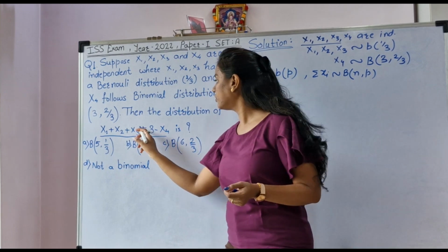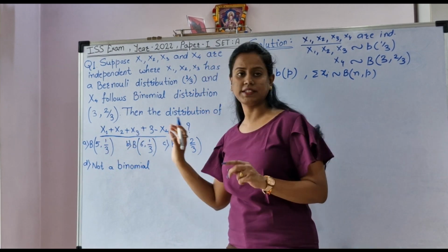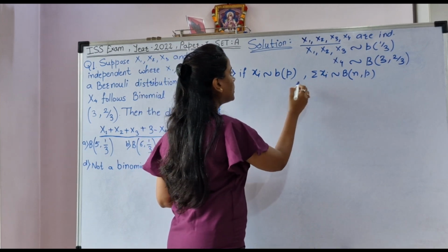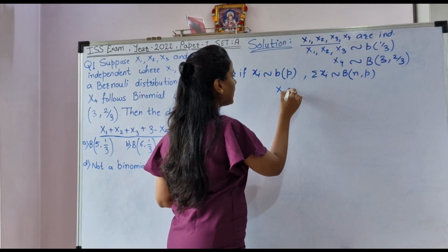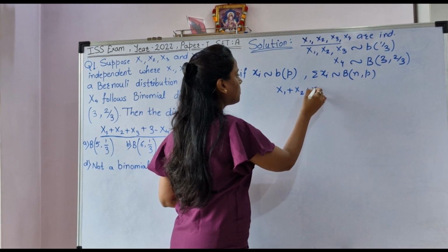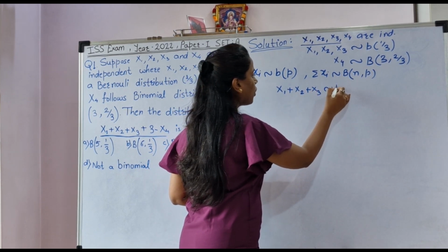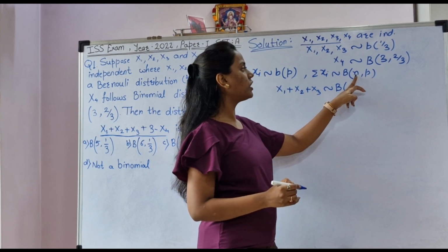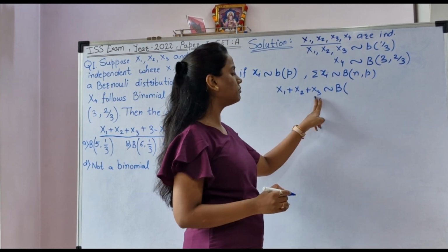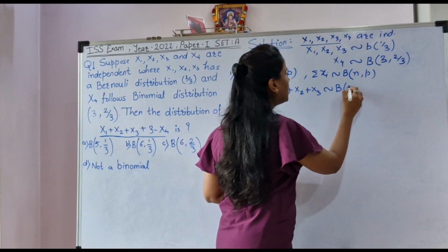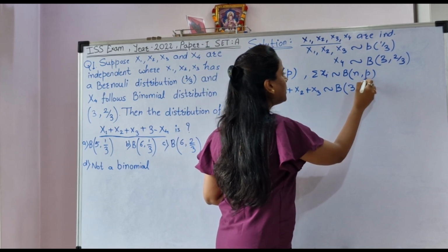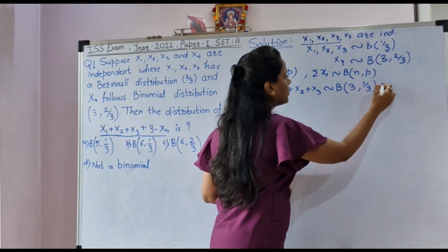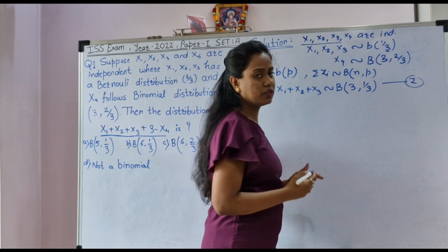Of course, what we want here is X1 plus X2 plus X3, so we will use this result. According to this result, X1 plus X2 plus X3 will follow a binomial distribution with parameter n, p. How many variables do we have? 3. The probability of success is 1/3. So 3, 1/3. This is our equation 1.